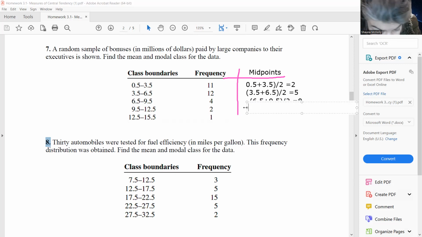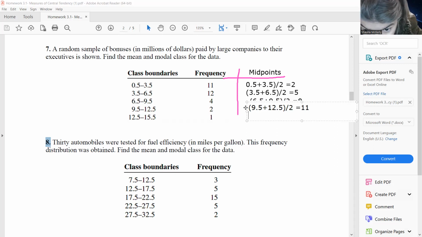Let's see, 9.5 plus 12.5 divided by 2. This is 22. So this is 11.